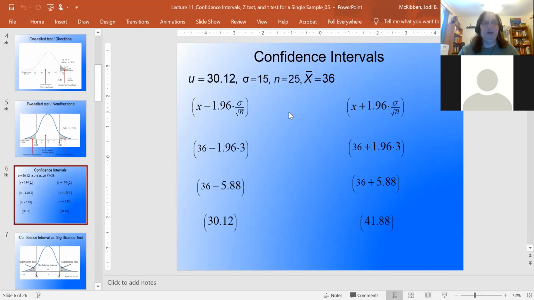Okay. In this case, it was a 95% confidence interval. So we immediately want to set up two equations that look like this, with, like I said, either the 1.96 here or the 2.58 here. If I'm given a variance as opposed to a standard deviation, then I take the square root of sigma squared over the square root of n, or if it's just a standard deviation, it's sigma over the square root of n.